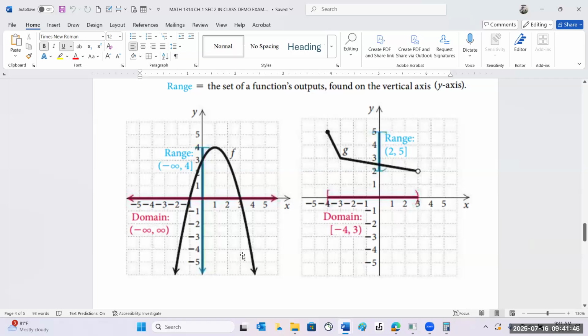How about my range? The range is the vertical axis. What's the highest it can go? Since this has a point there, what's the highest it can go? 4. And does it stop anywhere going lower? No. So my range is anywhere less than or equal to 4, or I can go from negative infinity to positive 4.